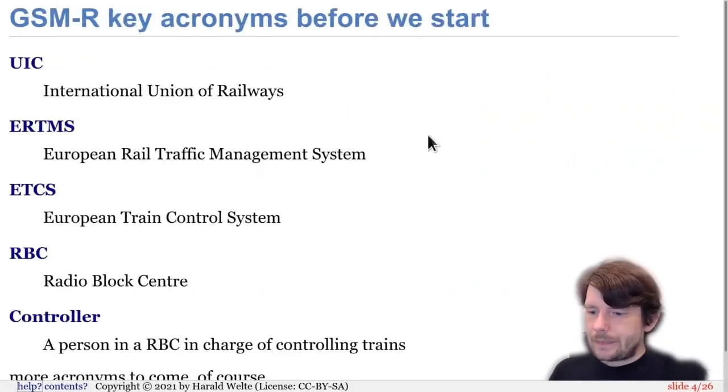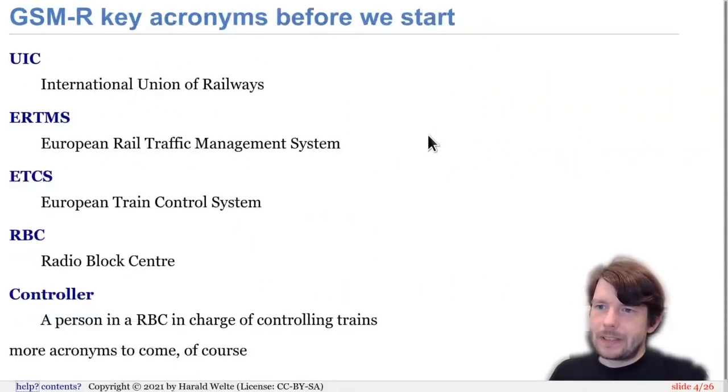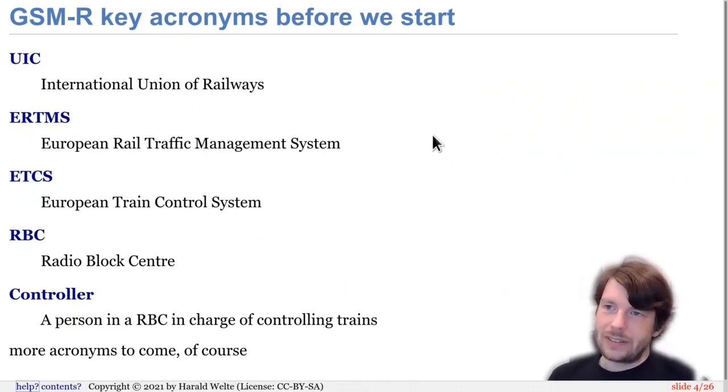So, some acronyms that we will have in the slides, and there will of course be more acronyms below. That's one of the things that always hits you first when you look at a new set of specs or standardization bodies. So UIC is the International Union of Railways. ERTMS is the European Rail Traffic Management System.